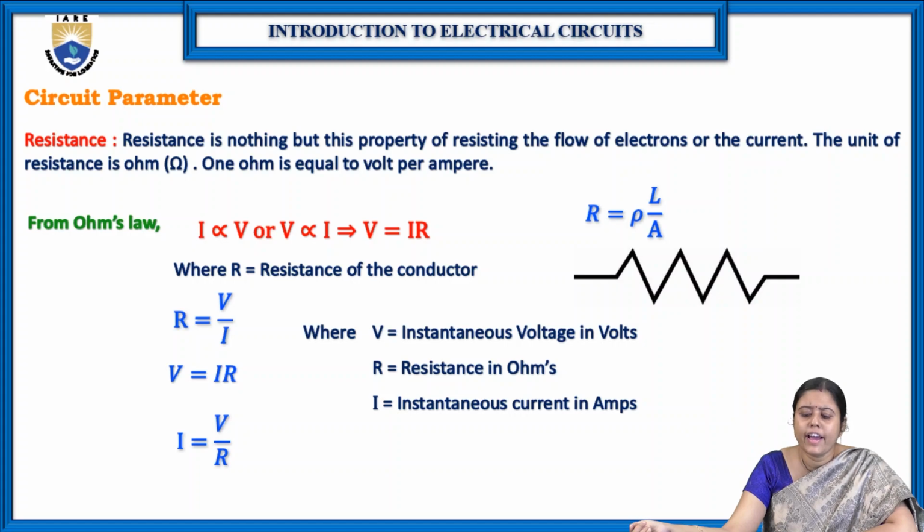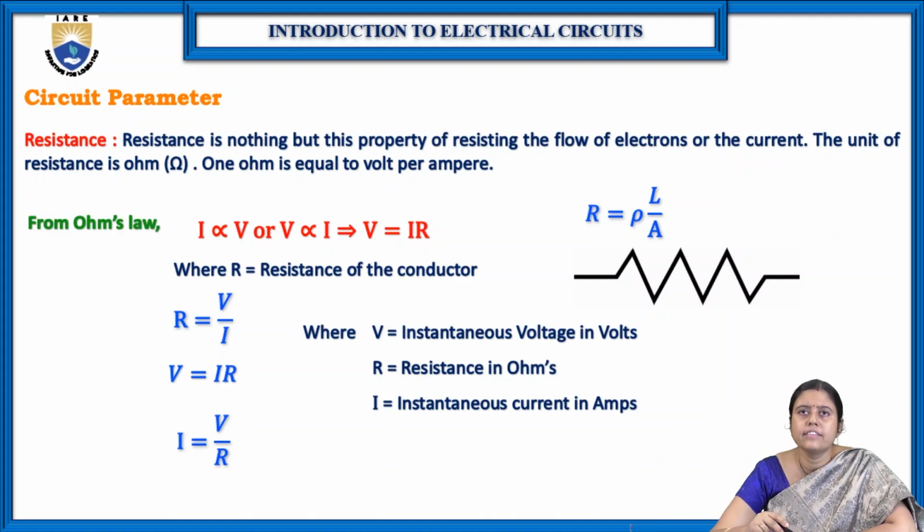So we can get the definition of resistance from Ohm's law. What does Ohm's law tell? When the temperature, pressure and other physical conditions are constant, the current flowing through any conductor is directly proportional to the voltage across the conductor.